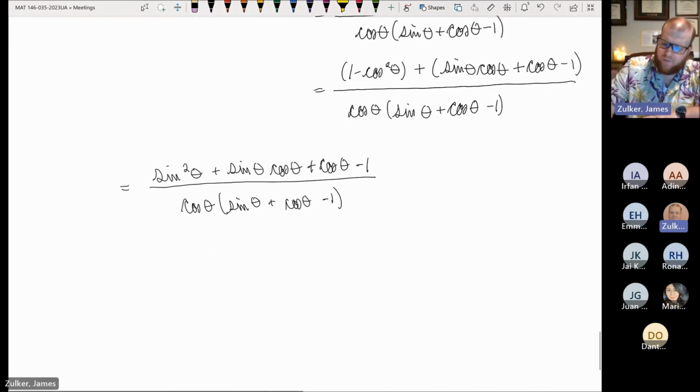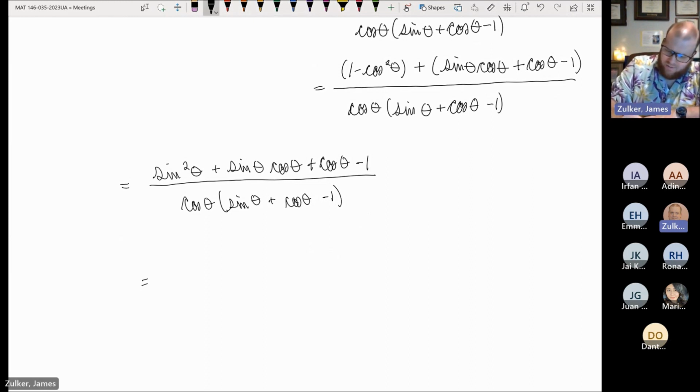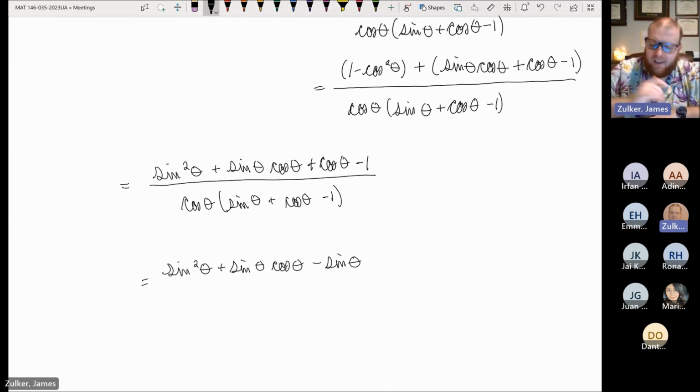I'm not going to have enough room if I write it there, so I'm going to write it down here. And subtract out a sine theta, and then immediately add it back in.